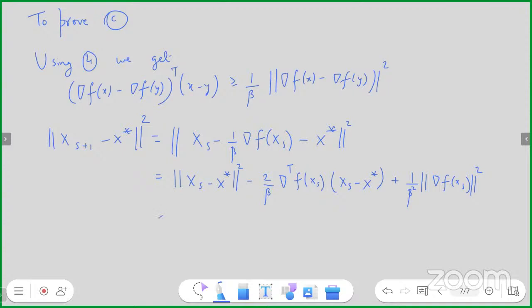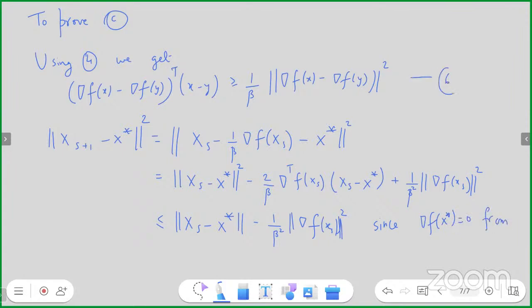So this is less than or equal to x of s minus x star, minus 1 over beta square, gradient of s, since del f of x star is 0 from 6.